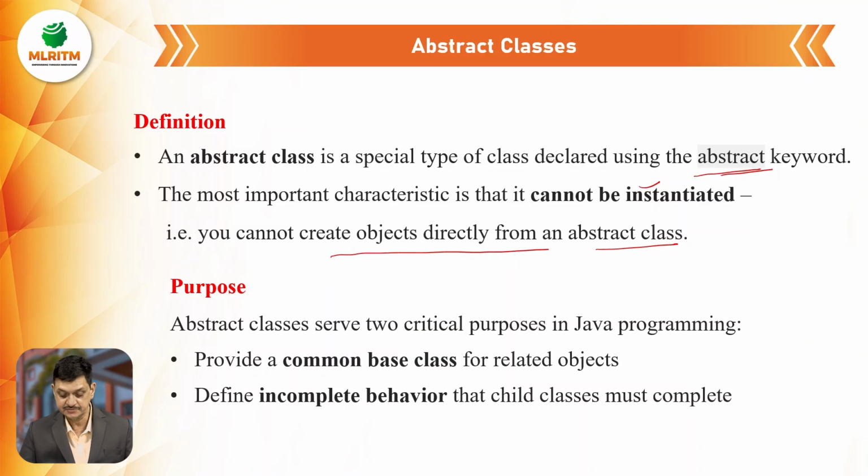Abstract classes serve two critical purposes in a Java program. Even though we can't create any objects directly from it, it is used for two critical purposes. One is that it provides a common base class for related objects.